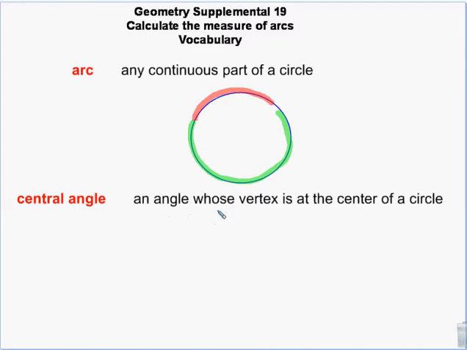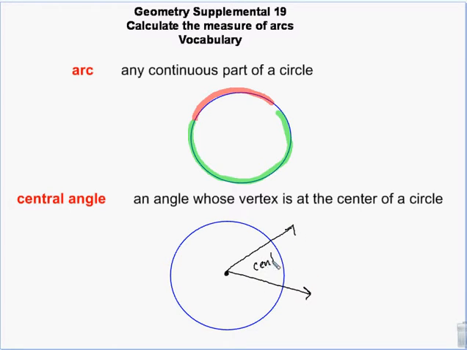Okay, the central angle is an angle whose vertex is at the center of a circle. So if I have a circle and I draw an angle from the center, this is a central angle. And it can be any size between 1 and 359 degrees.